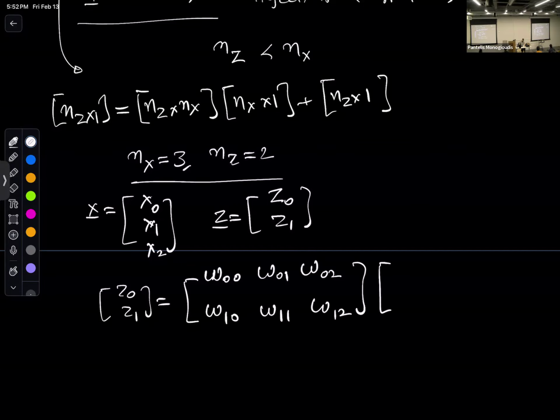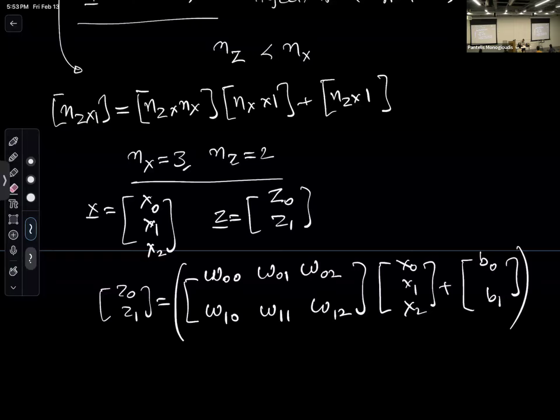Times X0, X1, X2, plus whatever, B0, B1. Is this what the layer will do? Okay, I didn't write the non-linearity. The non-linearity will be here, okay? Let me write it again because I forgot it. ReLU of this thing is going to be what? Z0, Z1. That's the equation of the layer.